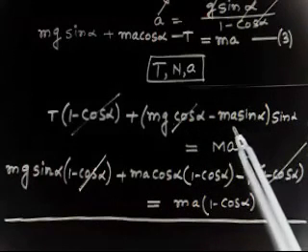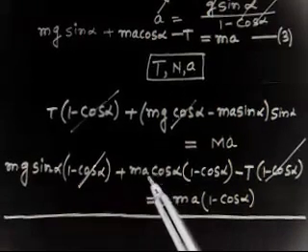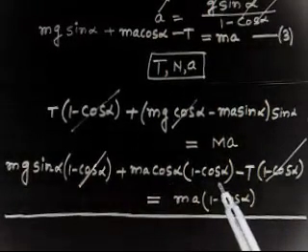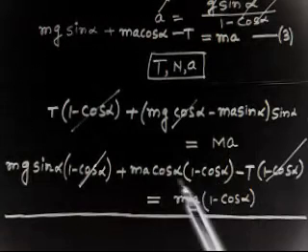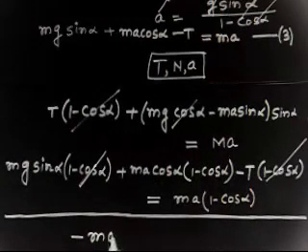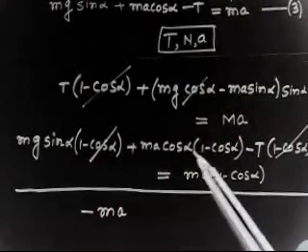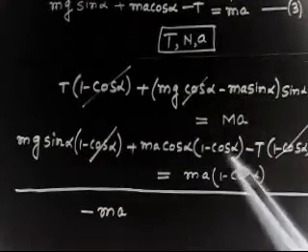Now this is minus ma sin square alpha, and here you will have minus ma cos square alpha. I can write this as minus ma, because sin square alpha plus cos square alpha is 1.